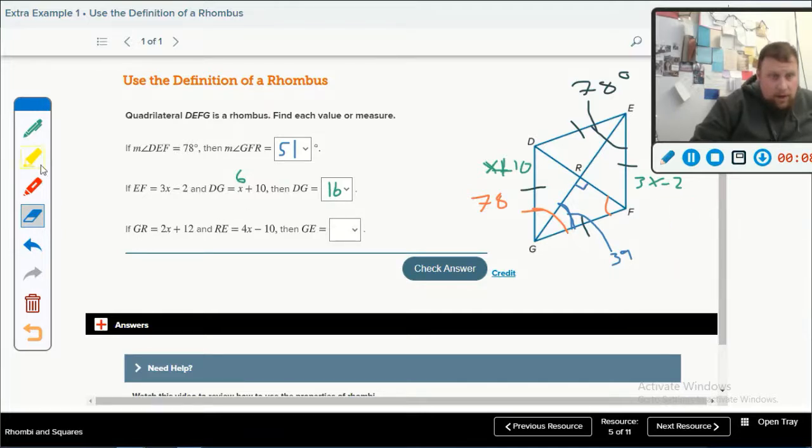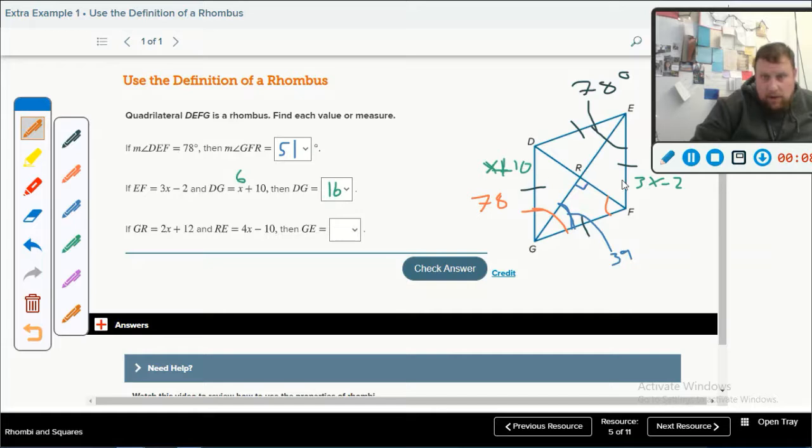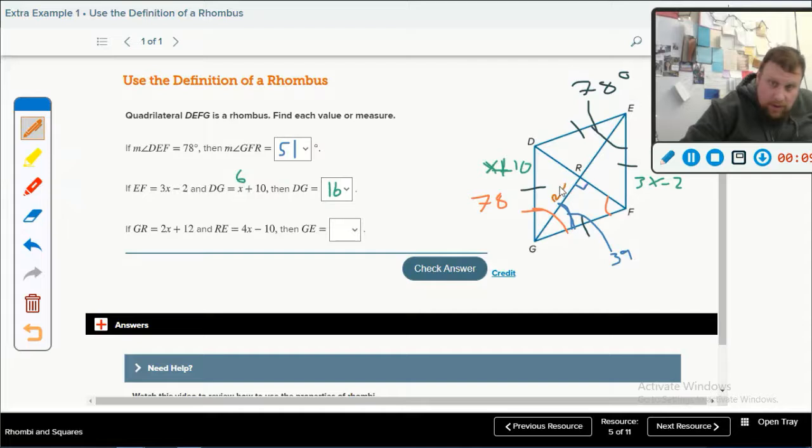Okay, if GR is 2x plus 12, so GR. Where's GR? Oh, it's this. That's going to be 2x plus 12.